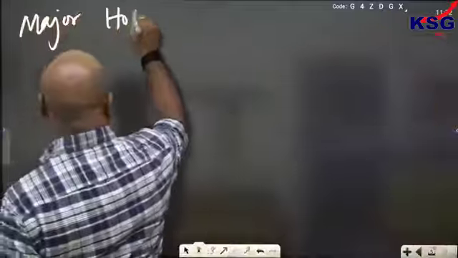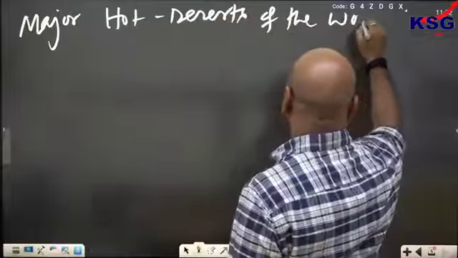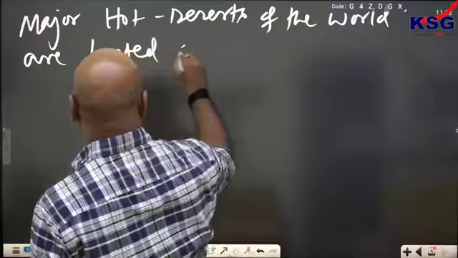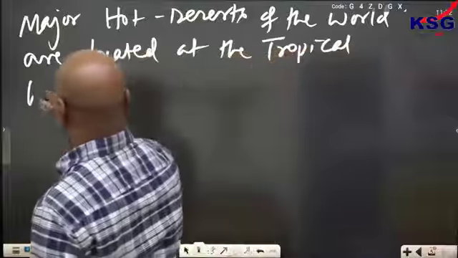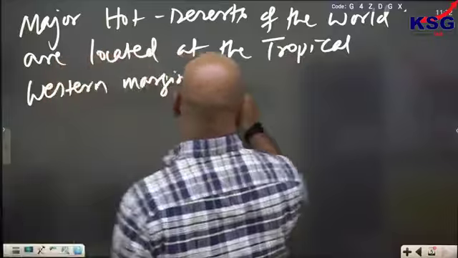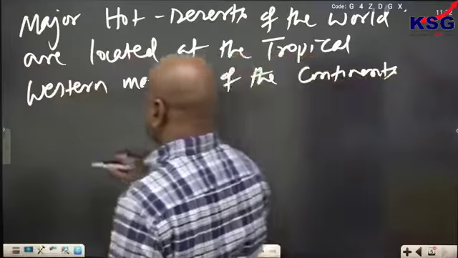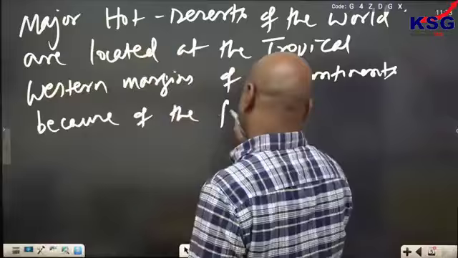So I am saying major hot deserts of the world are located at the tropical western margins of the continents because of the following factors.